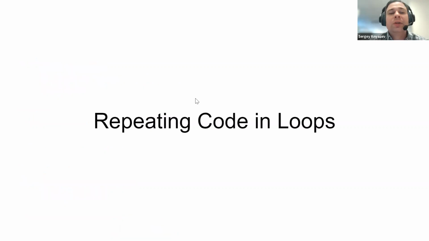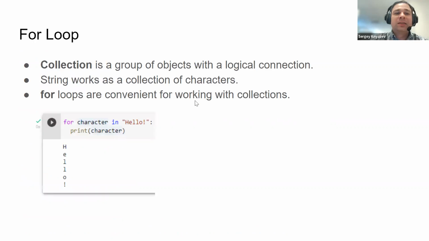So the first topic is repeating code in loops. Before we start discussing for loops, we need to discuss the concept of collections. A collection is a group of objects with a logical connection. For example, our basic data type string can work as a collection of characters. And we can even iterate using for loops through this collection.